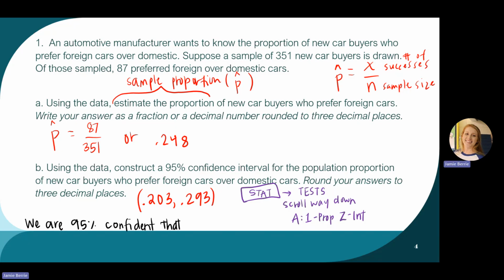Instead of the true mean, this time it's going to be the true population proportion.